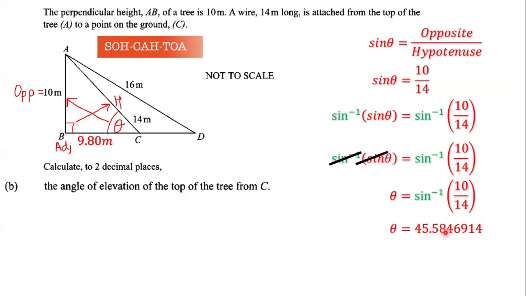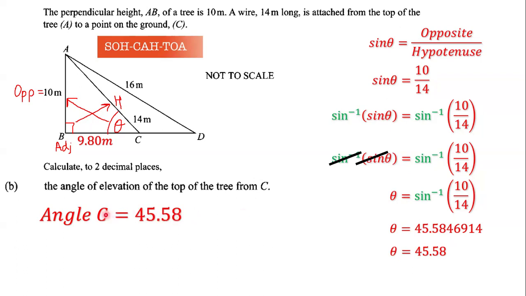We have to write it correct to 2 decimal places. And so we have the 4 here. Since we have this 4 here, once it's 5 or less, we cannot round up. And so what we have is 45.58, and 45.58 is theta. And that's going to be angle C, correct to 2 decimal places.